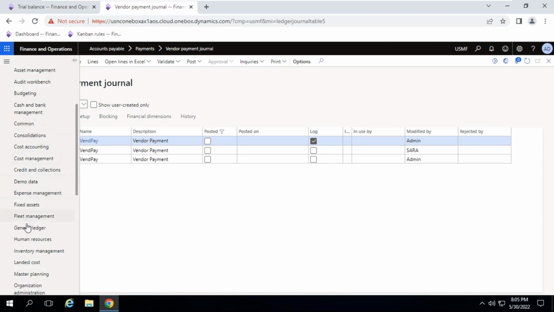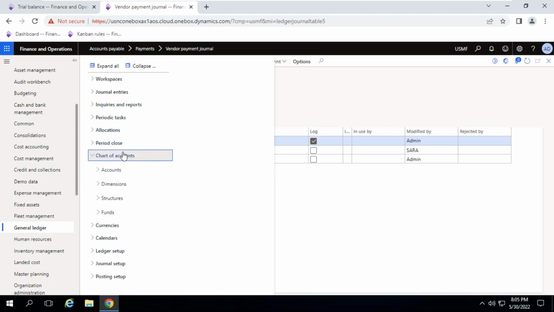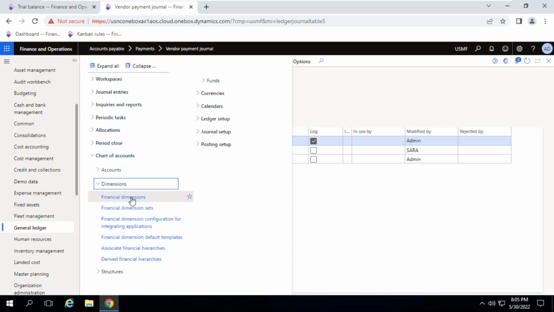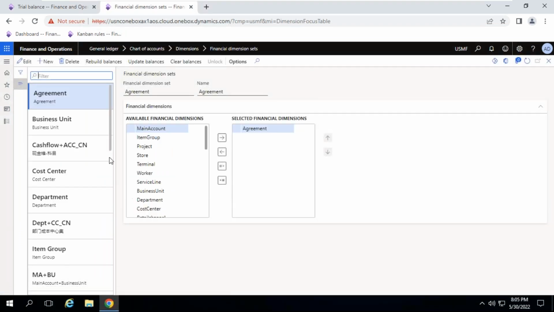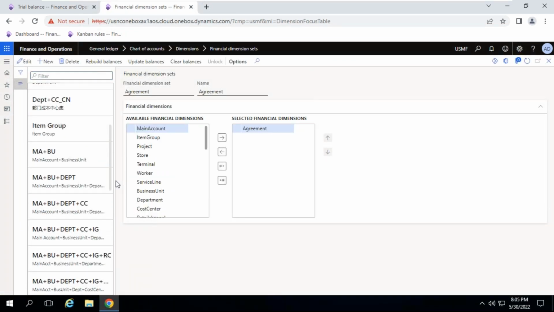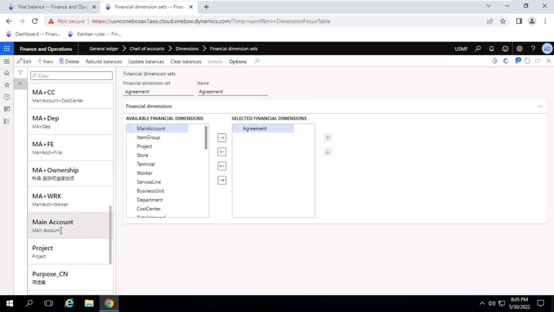So here in general ledger, collapse all, chart of accounts, dimensions, financial dimension sets. Here main account is there.